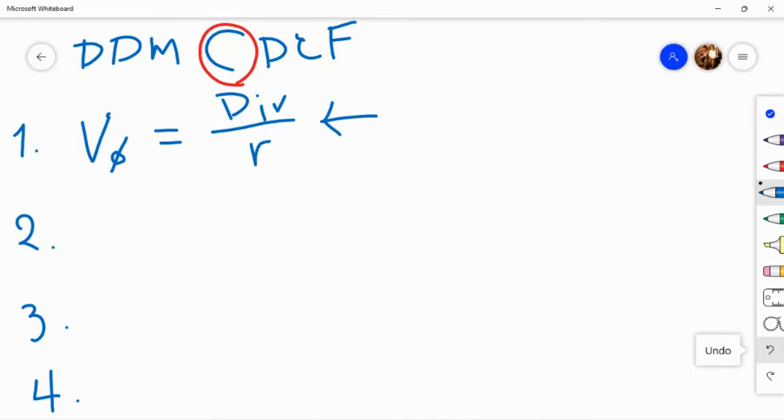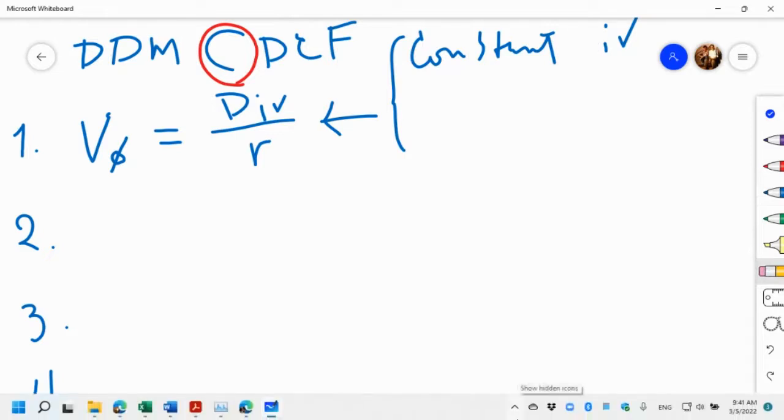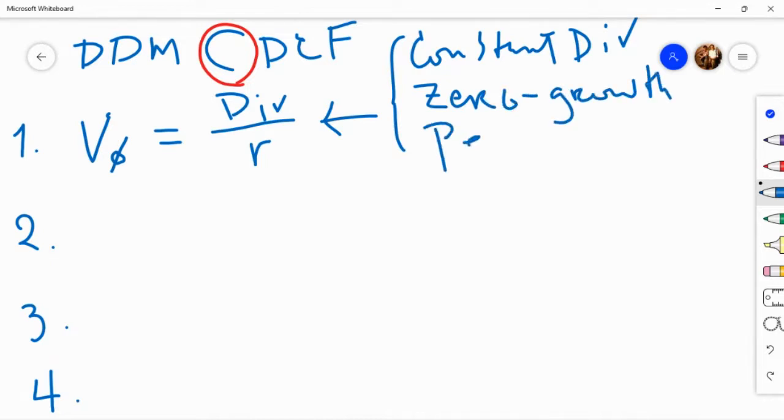But how does that reduce to this form? That was our question. And this one is called the constant dividend model, or zero growth, or perpetuity model.